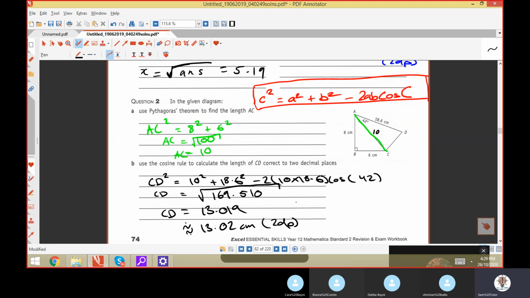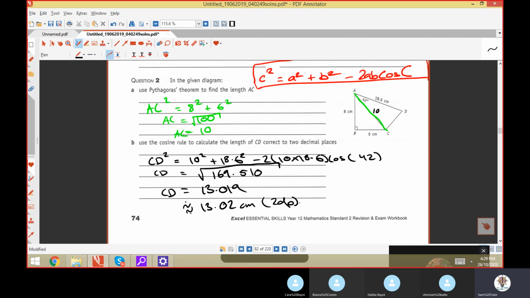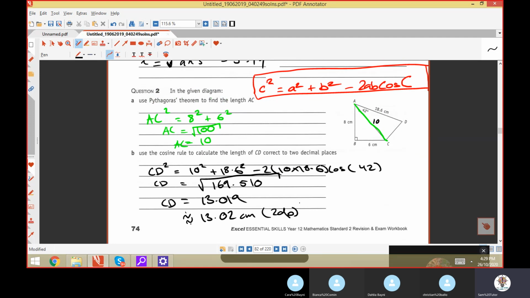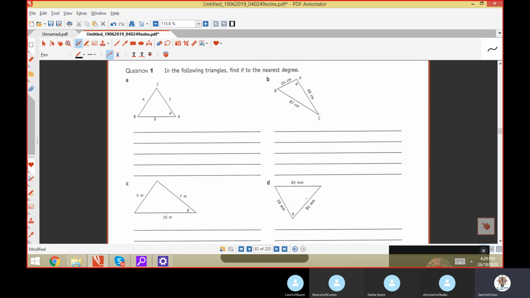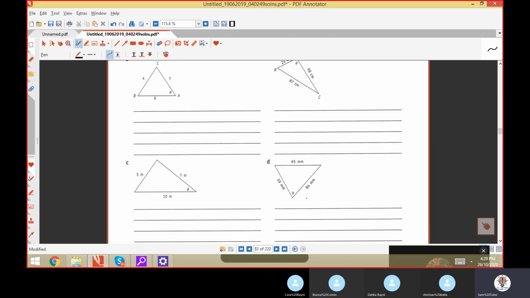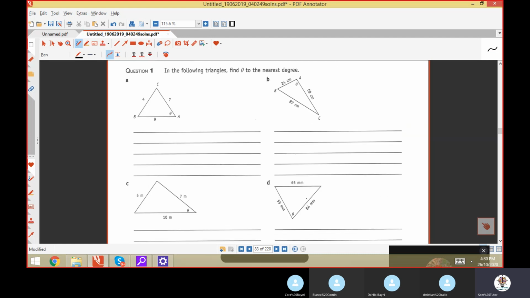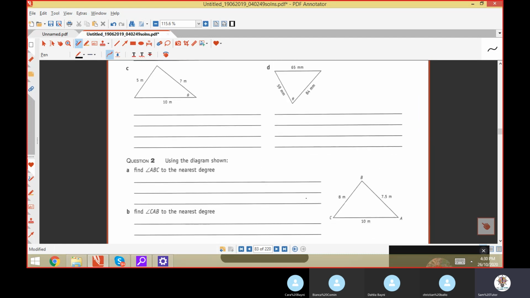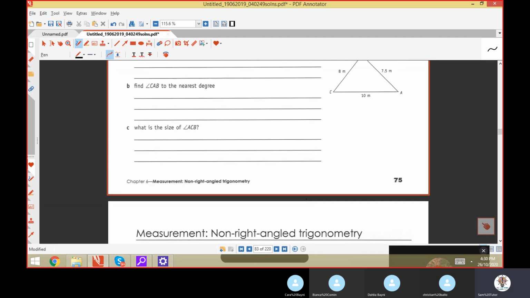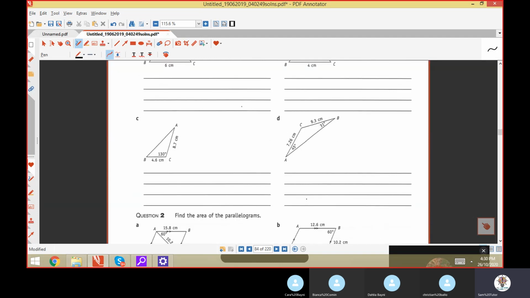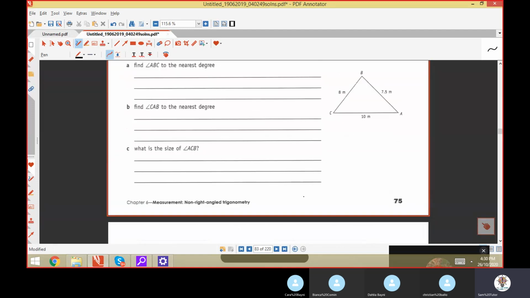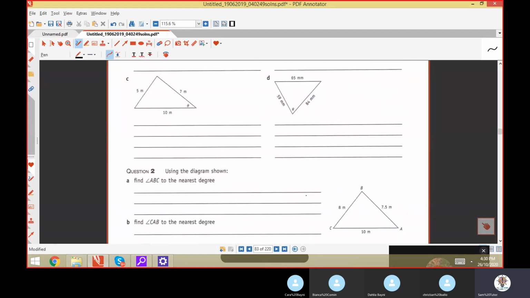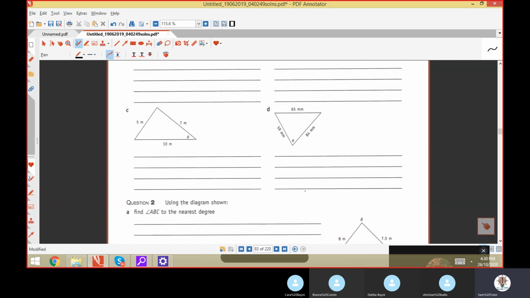Yeah, sweet. Yeah, it's the same thing here. And then after this next page, you just go into this new formula, for non-right-angled triangles, sorry.